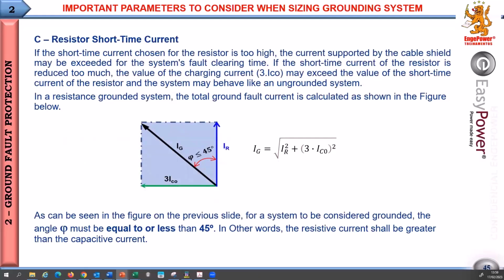The resistor short time current shall be chosen based on the 3IC0 current. As we showed before, the resistive current shall be greater than the 3IC0. Okay, this means that this angle showed here shall be lower than 45 degrees.